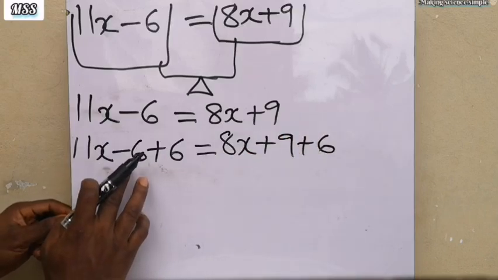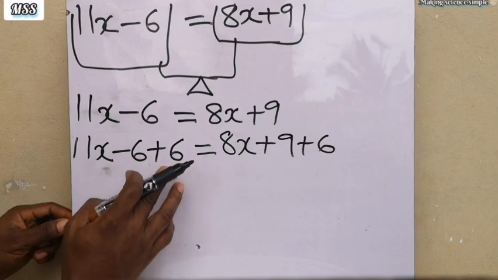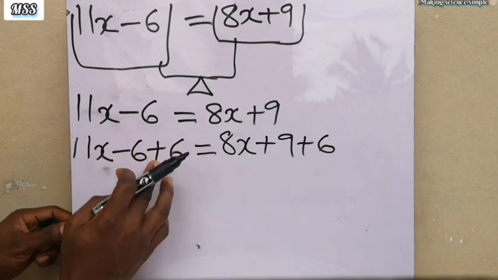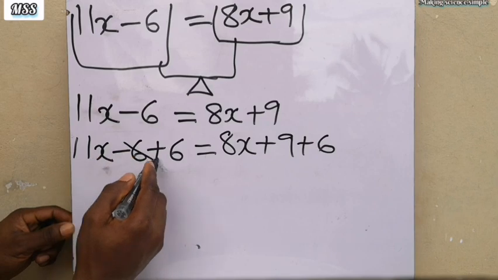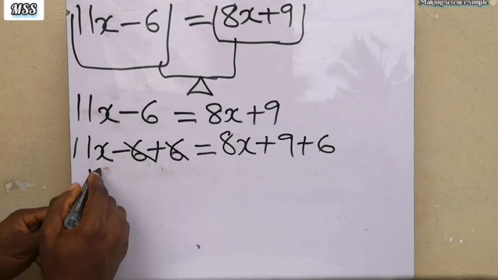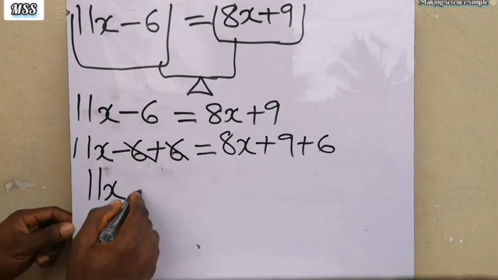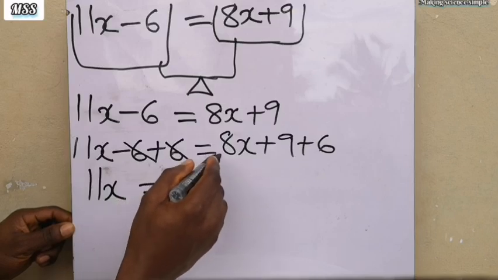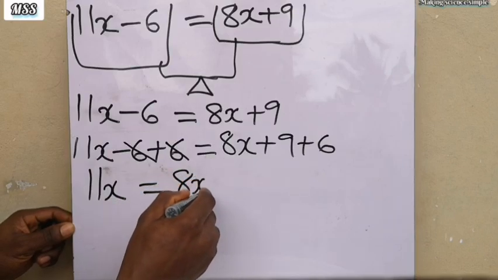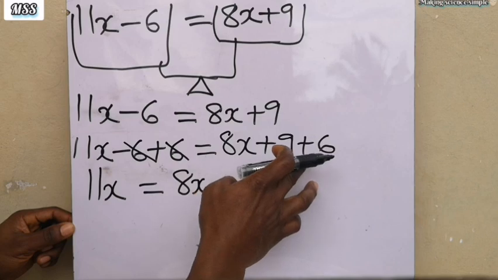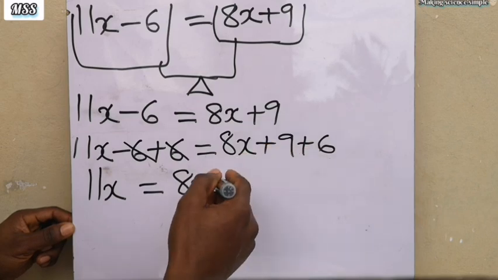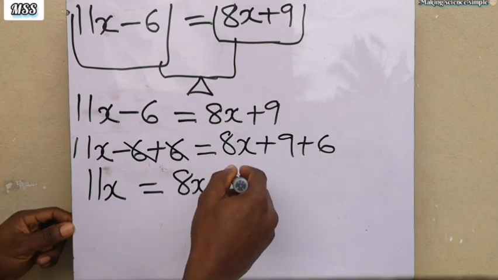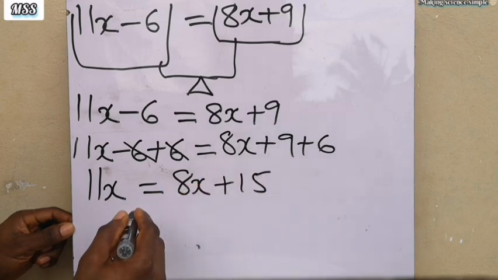Now, minus 6 plus 6 is just like saying 6 minus 6, which will be 0, will go. So we now have 11x is equal to, we have 8x here. Now, 9 plus 6 is 15. We now have plus 15. Okay.